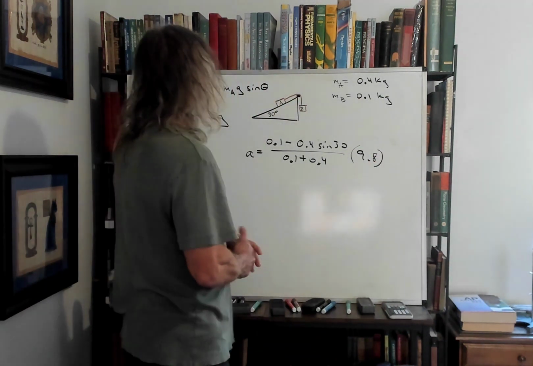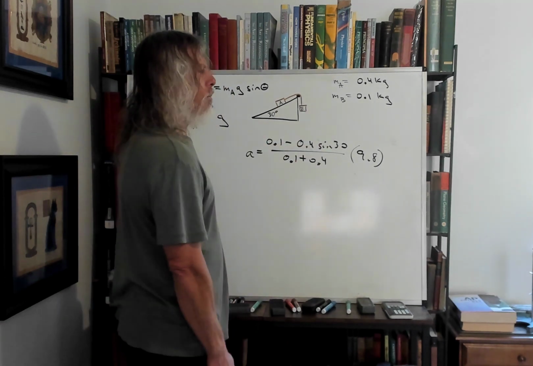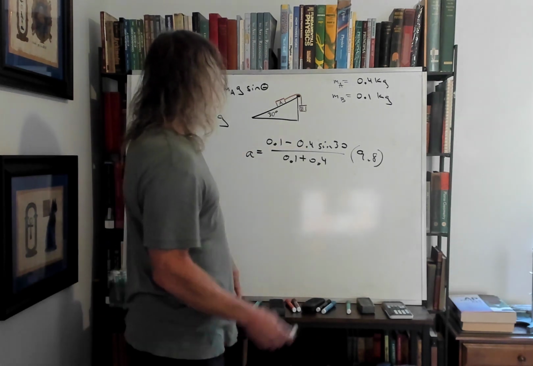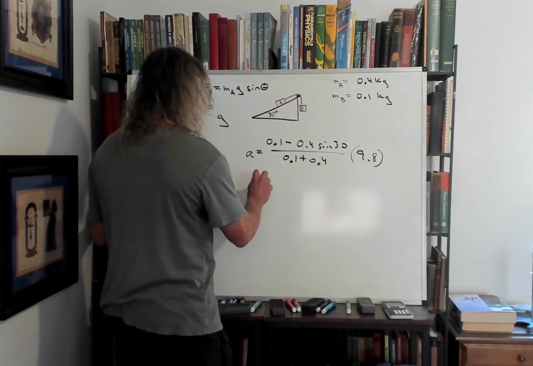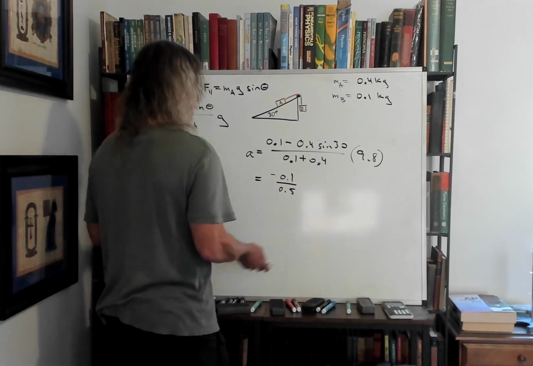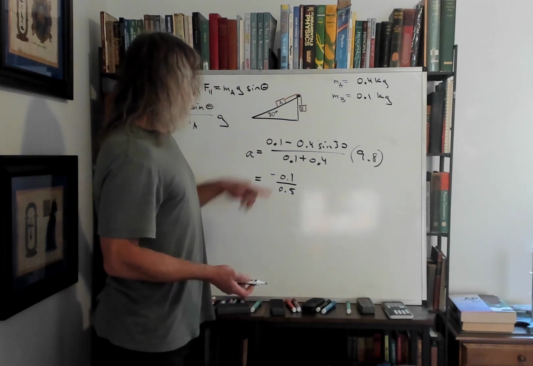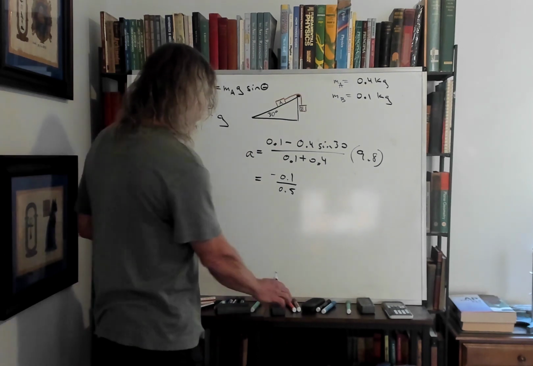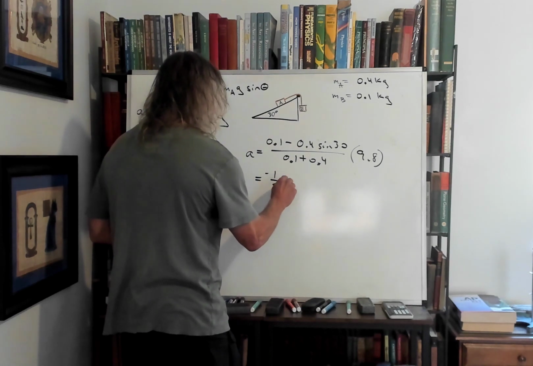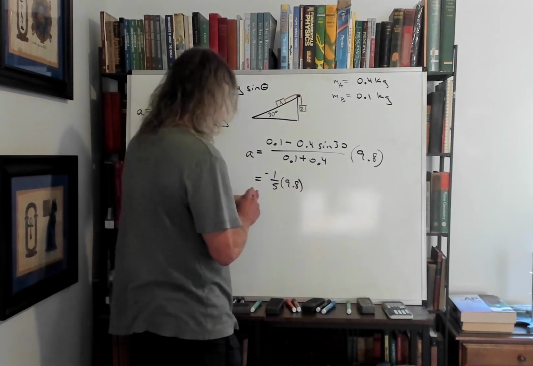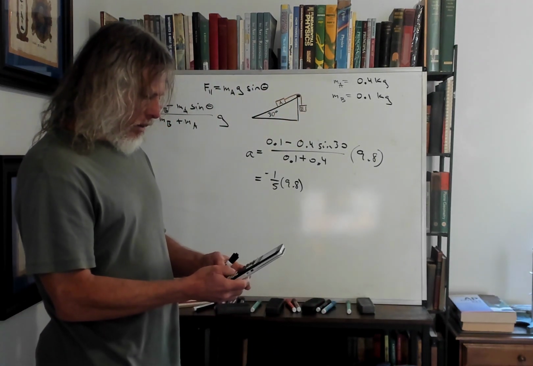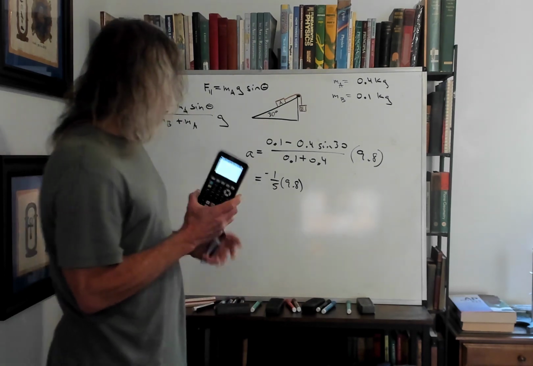So sine of 30 is a half. Cosine of 30 is square root of 3 over 2. So a half of 0.4 is 0.2. So that'd be negative 0.1 over 0.5. Negative 0.1 over 0.5, but that's just negative 1/5. So 1/5 of 9.8. 9.8 divided by 5 is 1.96.